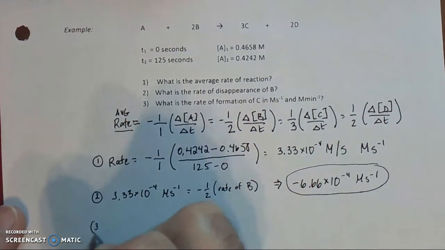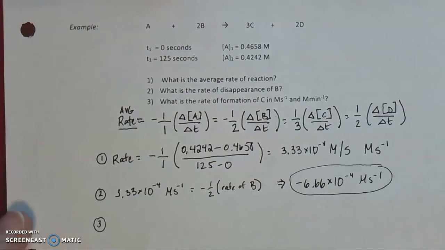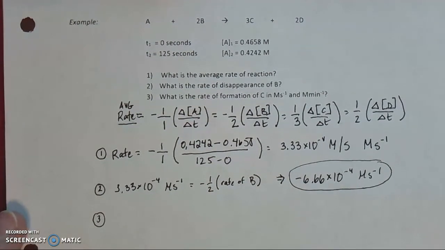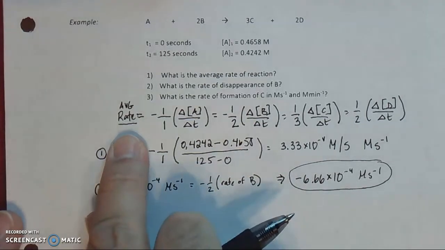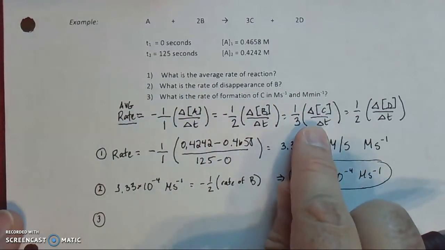So let's look at number 3. What is the rate of formation of C in molar per second and molar per minute? So I know what the average rate is, and I have this equation here.